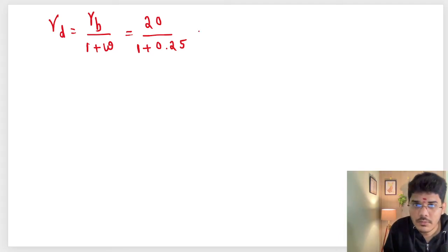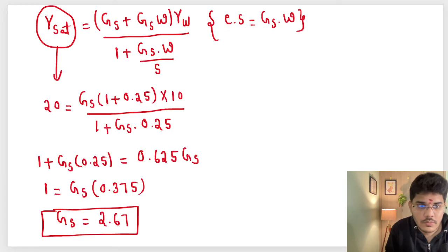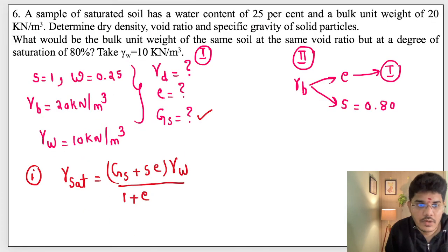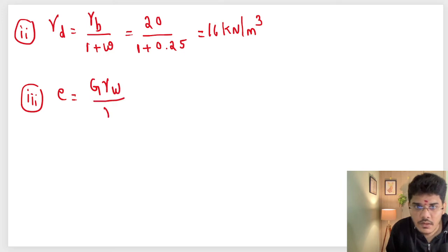This will be coming around 16 kilonewton per meter cube. So gamma d we found out, and Gs value we also found out. So from this e value can be calculated. e is equal to Gs gamma w by gamma d minus 1.